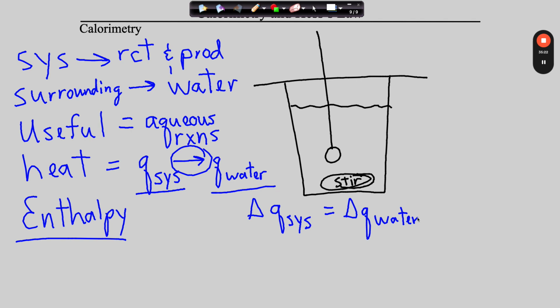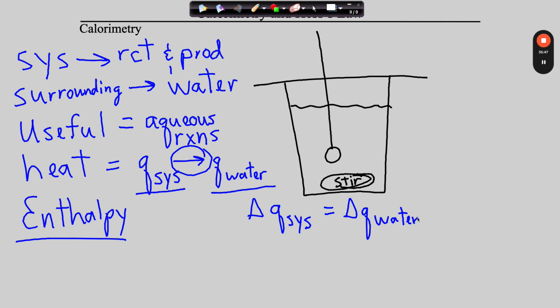But guys, here's the idea. Pretending that this is not an oversimplification, says who? Who says that all the energy lost by a system is gained by the surroundings? The laws of thermodynamics. The first law of thermodynamics. Guys, all the energy lost by the system is gained by the surroundings, but we're just calling the surroundings the water.